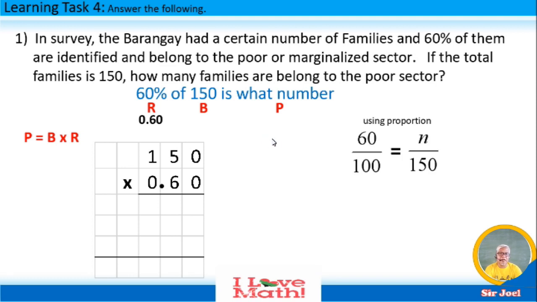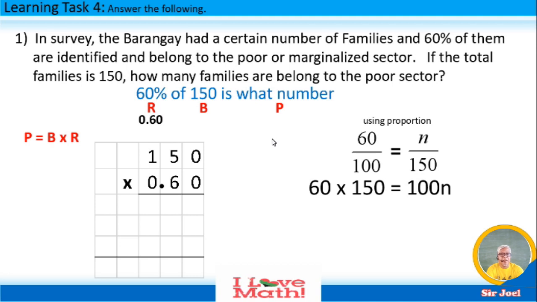60 over 100 is n over 150. Okay? So, paano natin isosolve? Tingnan natin. 60 times 150. Ibig sabihin, in this case, ina-apply natin yung cross products, kagaya ng ating topic number 2 to solve for n.